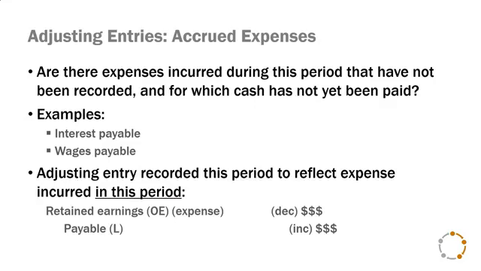And the related cash effect of these will occur in the following period when the company makes the interest payment or pays the employees, at which time it will decrease that payable liability account and record a corresponding decrease to cash. So overall, with accrued expenses, all we're doing is recording expenses the company has incurred during the current period but has not yet paid in cash.